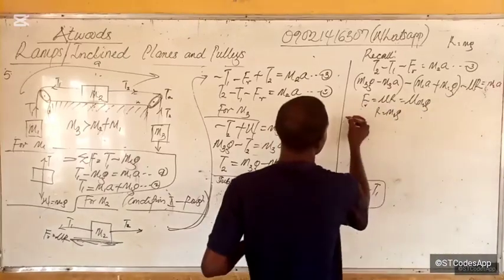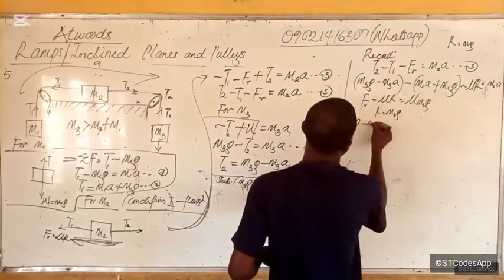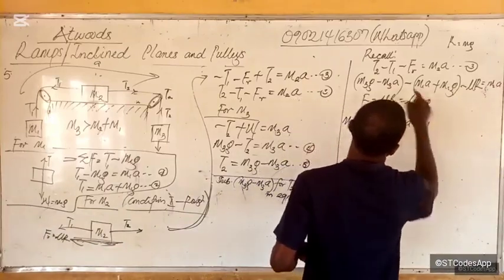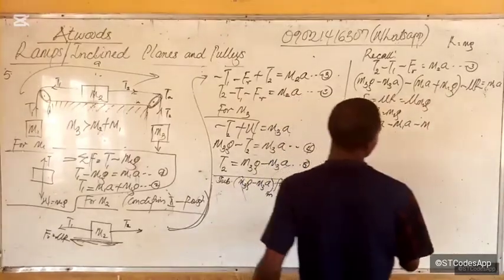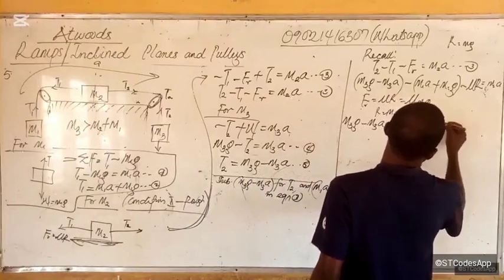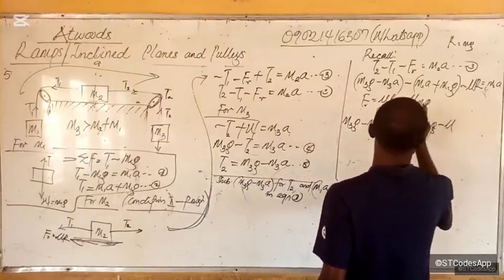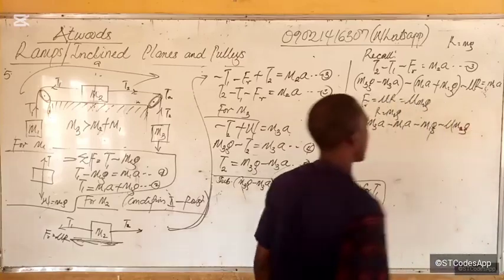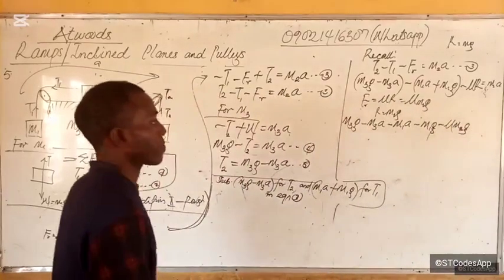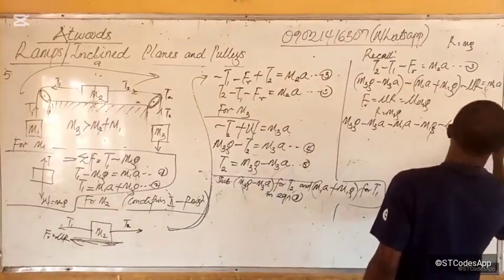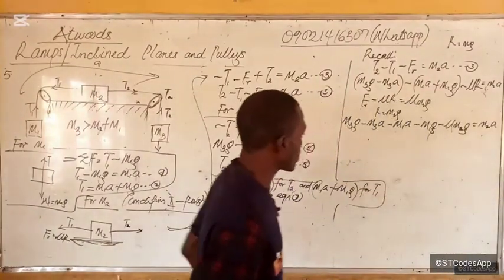So we now have m3g minus m3a minus, opens the bracket, m1a plus m1g, minus mu m2g, so that this will now be equal to m2a. Alright, so let's collect like terms.